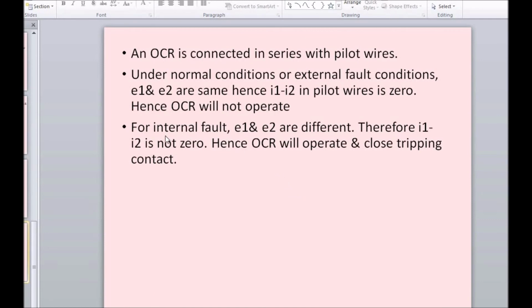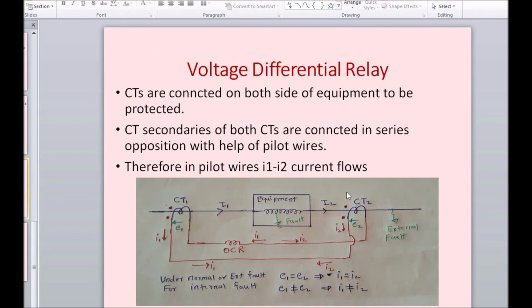But for internal fault, capital I1 and capital I2 currents are different. Therefore, EMF E1 and EMF E2 induced in the secondary windings are different, and hence there is an I1 minus I2 current flowing in this pilot wire.